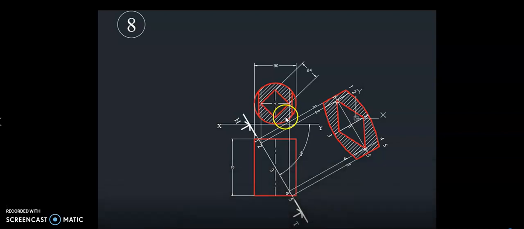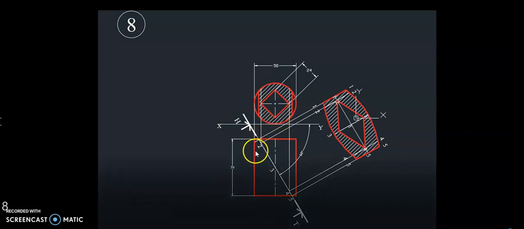This angle is 45 degree. And projecting from the front view, you will get the top view. Top view, the length is 70 mm. Now at the middle, the cutting plane cuts the mid of the axis at an angle 60 degrees.